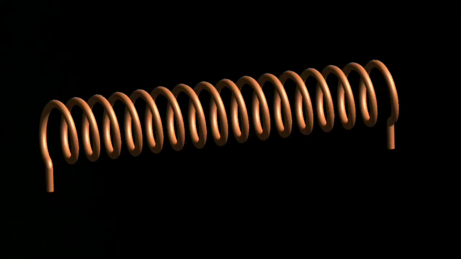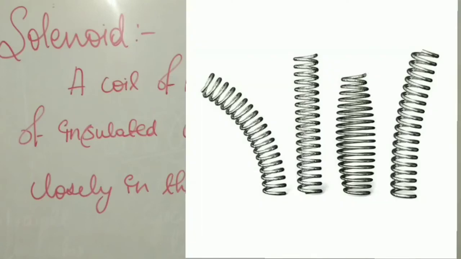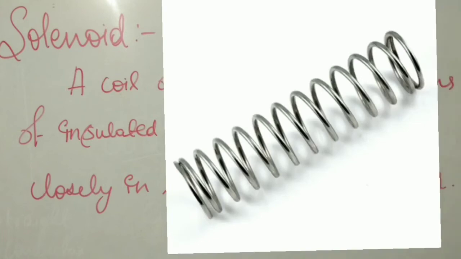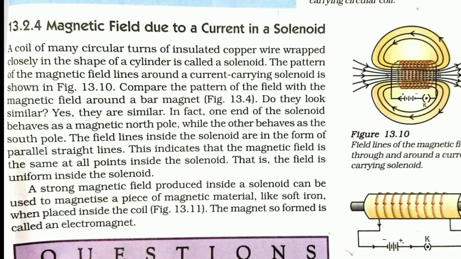Hence a solenoid is nothing but a coil of many circular turns of insulated copper wire wrapped closely in the shape of a cylinder. You can imagine the spring in our ballpoint pens, which looks exactly the same. In today's class, let us see what happens when we pass electricity through this solenoid, which pattern of magnetic field will be produced.